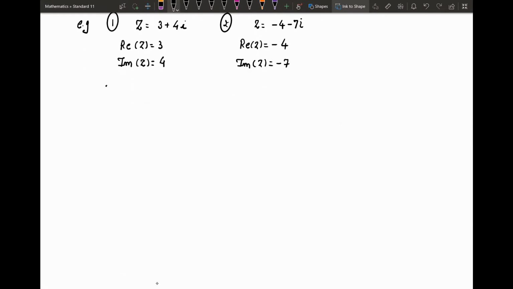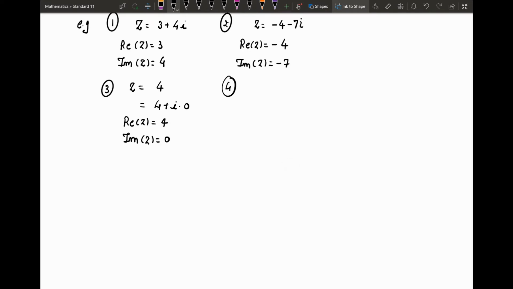Another example, say z equal to 4. So 4 can be written as 4 plus i into 0. In this case, the real part of z equal to 4, while the imaginary part of z, the coefficient of i, is 0.